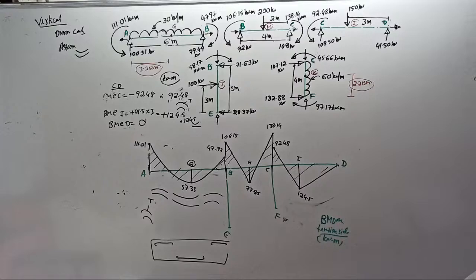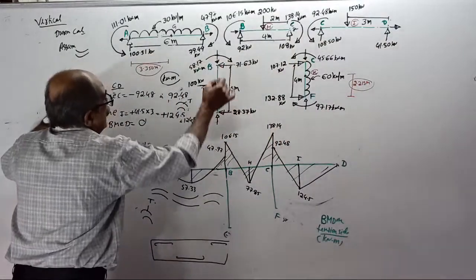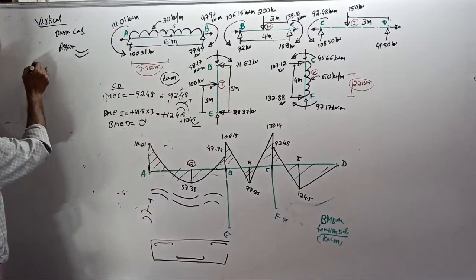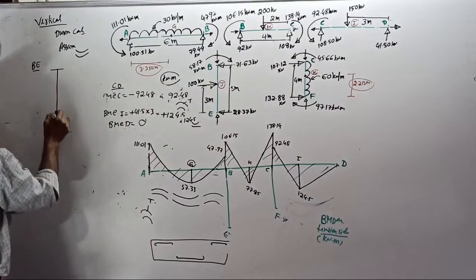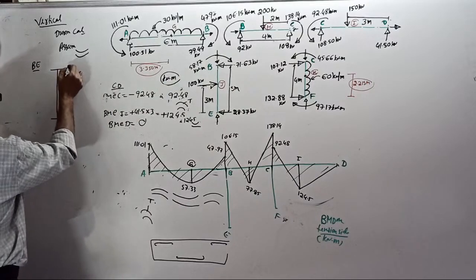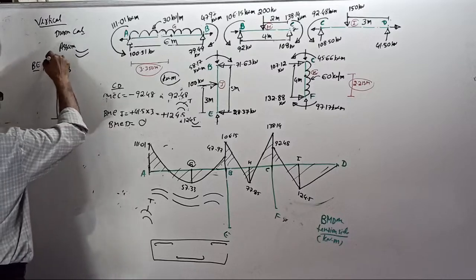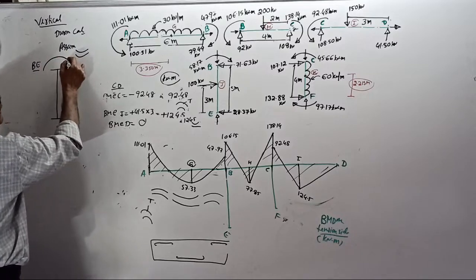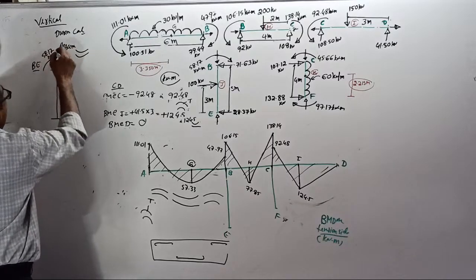Okay, now what you do is, see now, you consider member BE. B is here and E is here. There is a clockwise moment of 58.17 kN-m here.